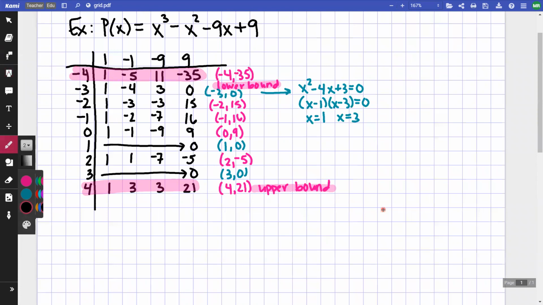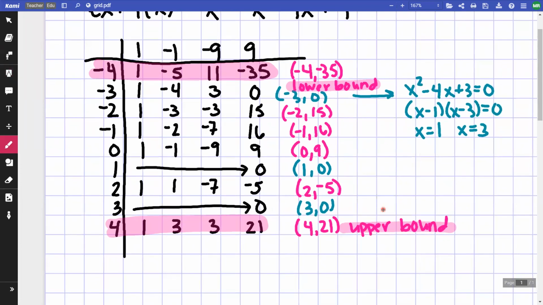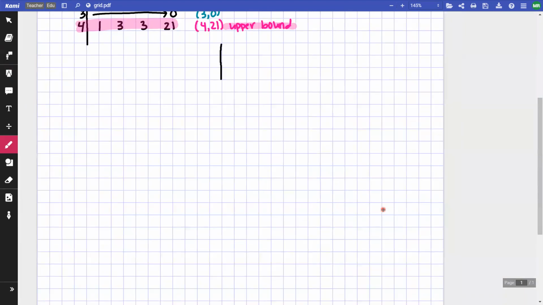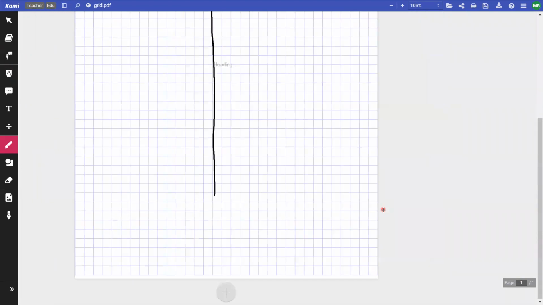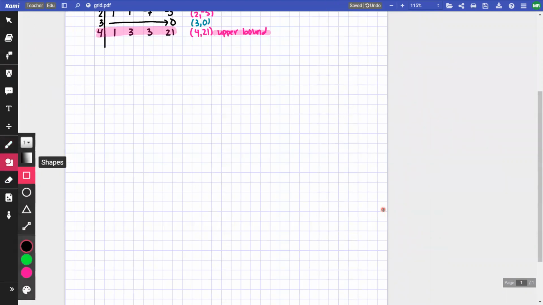So I'm going to just draw in my graph. Okay, I'm just going to move this for a second. Anyone still copying this before I move it? Okay, so I'm just going to get my graph here. Since I'm using this, I might as well get a line.